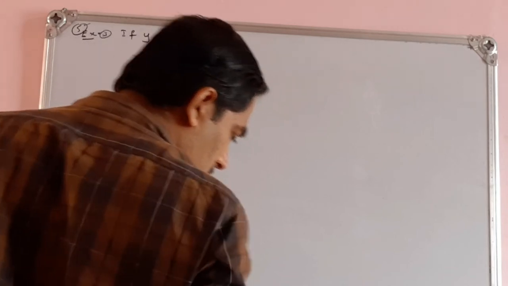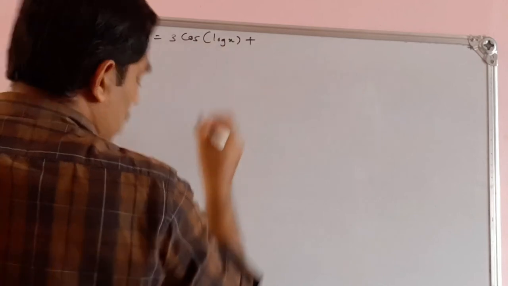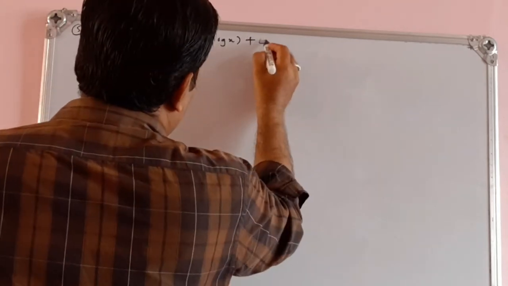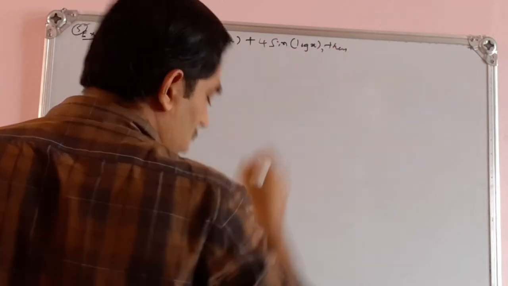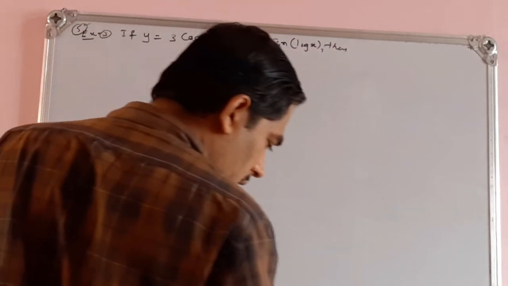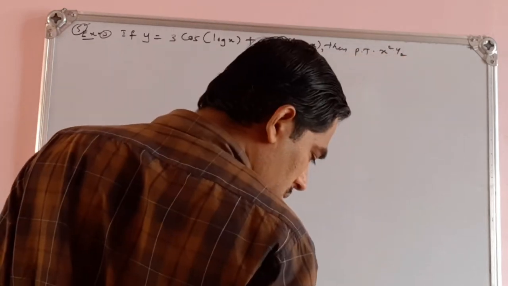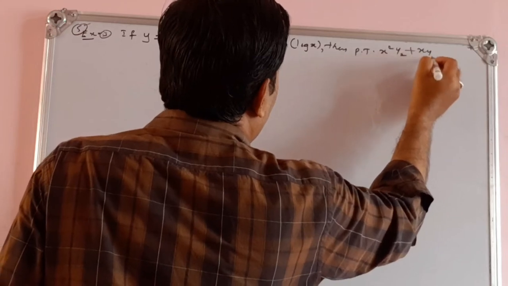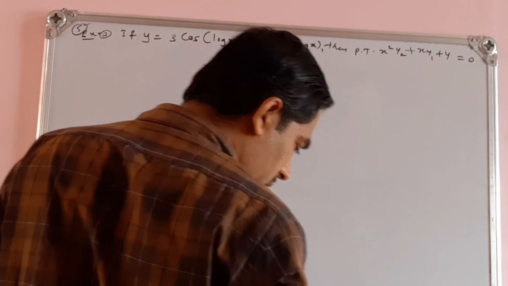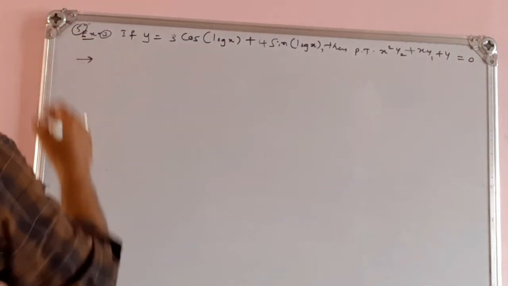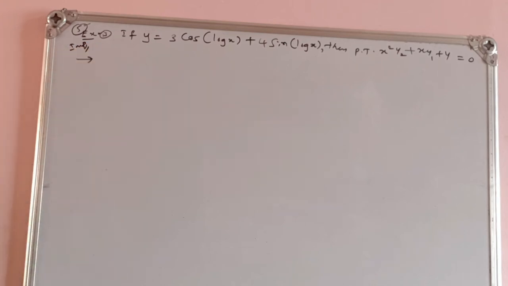If y is equal to 3 cos log x plus 4 sin log x, then prove that x square y2 plus x y1 plus y is equal to 0. Once again, this is another important problem for 5 marks.